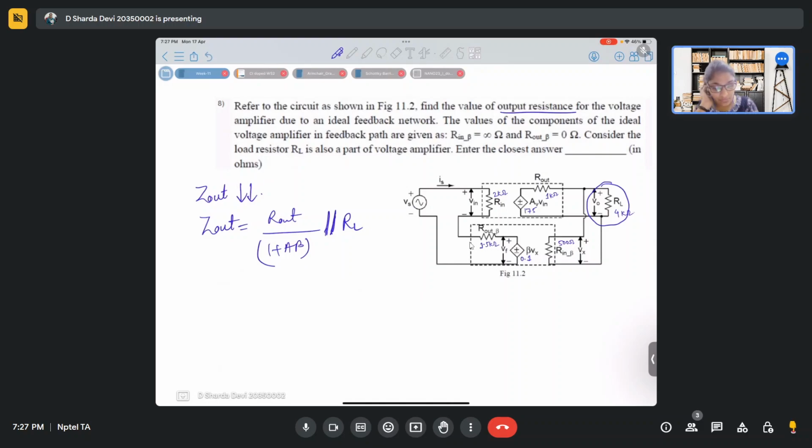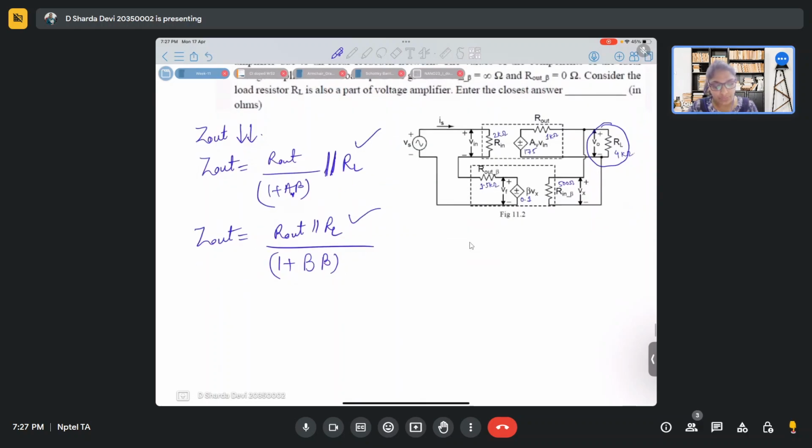Here this A will come as Av directly, parallel to RL. This is one method, or the second method we can write it as Rout parallel to RL by 1 plus A beta. Makes sense? We can use either of the two formulas and we'll get the same value for Zout.